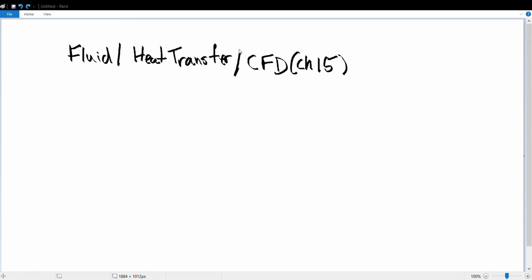This software here is called Flow Simulator or Flow Simulation, and it's from SolidWorks. As Cal State Long Beach students, you all have access to this, and I have a free download code that I will go ahead and post also. But you need to be able to put it on a computer that can handle this.